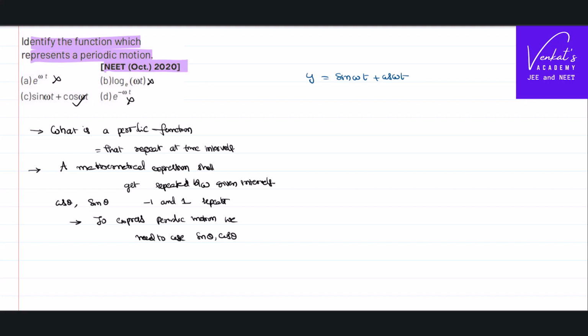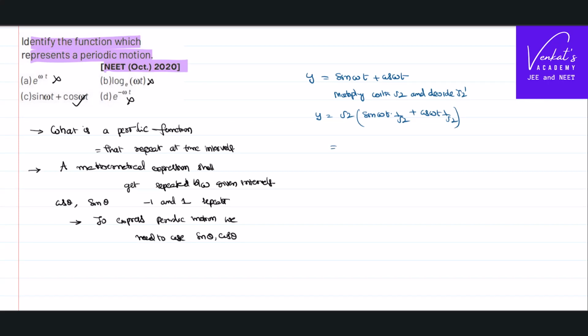I can reformat this by multiplying with √2, and to compensate, dividing the same with √2. So y can be written as √2 multiplied by (1 by √2 sine omega t plus 1 by √2 cos omega t).